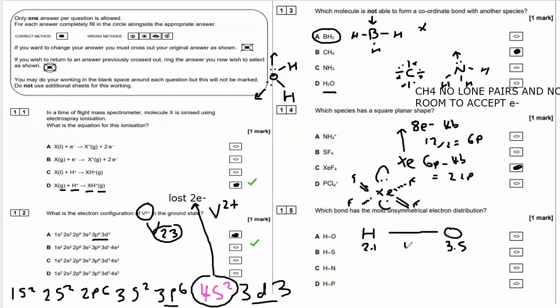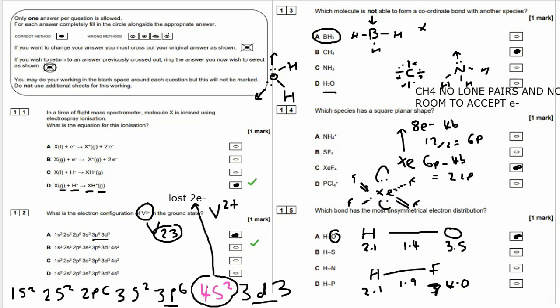So the answer is going to be A, because you can see the difference is 1.4 between hydrogen and oxygen. If an HF bond was there, it would be the most unsymmetrical electron distribution because it would have a 1.9 difference. All of the others have less of a difference in electronegativity.